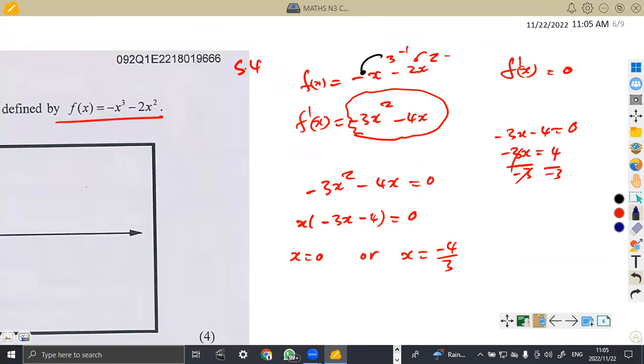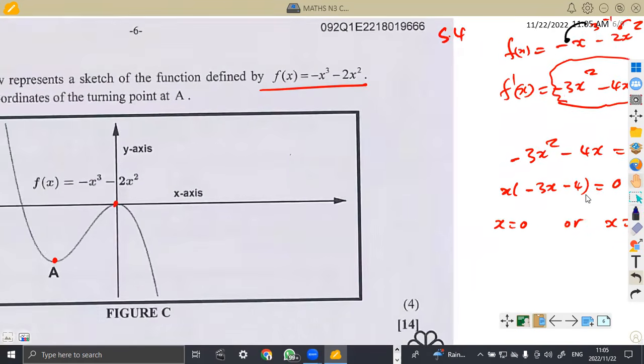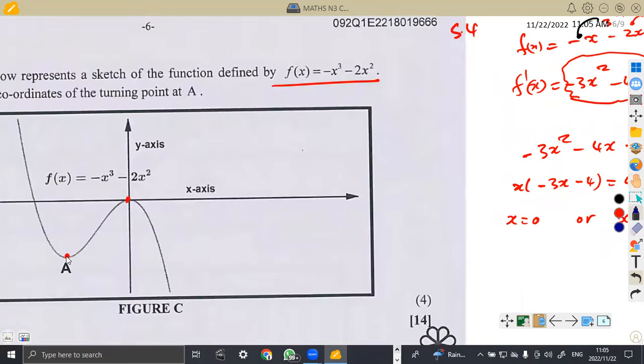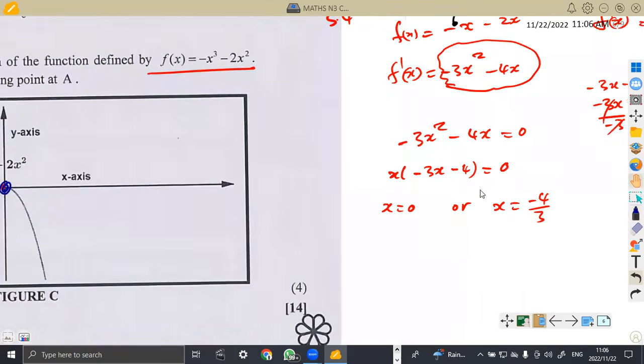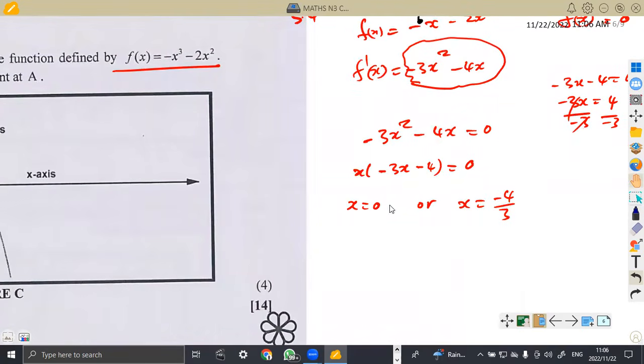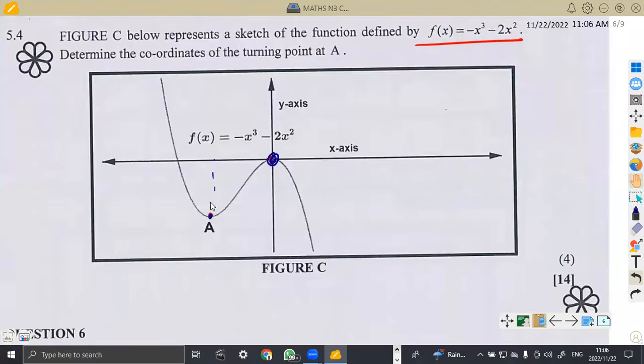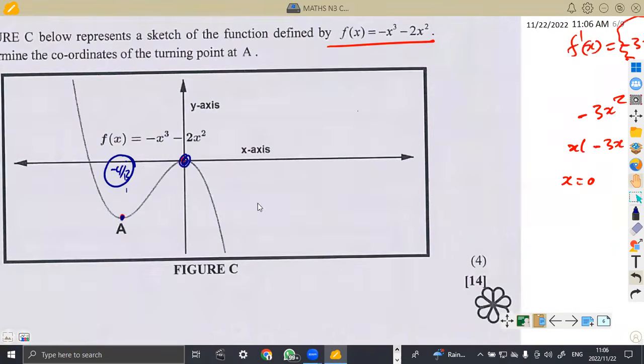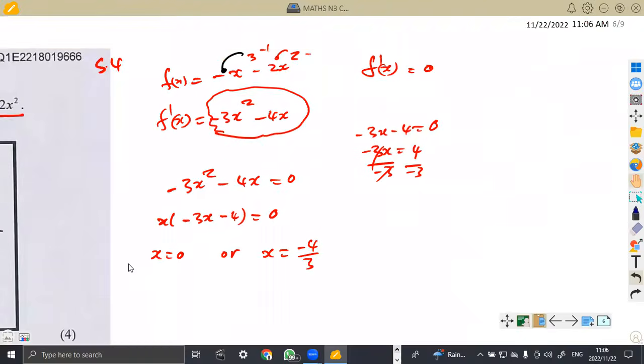Okay, now we have to compare between the two. Which one is it? Here we can cross-check. Our A cannot be at 0. This is the 0, this one. So this is the one, the other one, which we have here, which is negative 4 over 3. So we're supposed to compare. So our A here is the one that is at negative 4 over 3. But remember, it's a turning point, which means we have to substitute the value of x to find the value of y in this case.